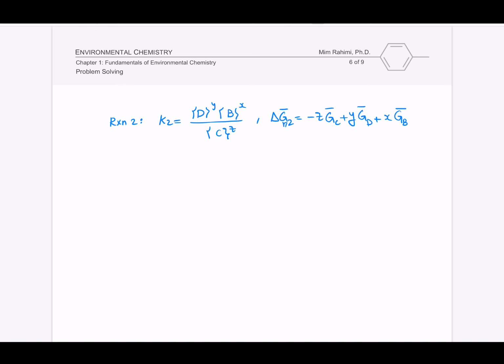We just need to do the reverse of the reaction. The reaction would be XB plus YD going to ZC. K of reverse, basically C over Z, we had this before, so just repeating it here, is basically 1 over K2.